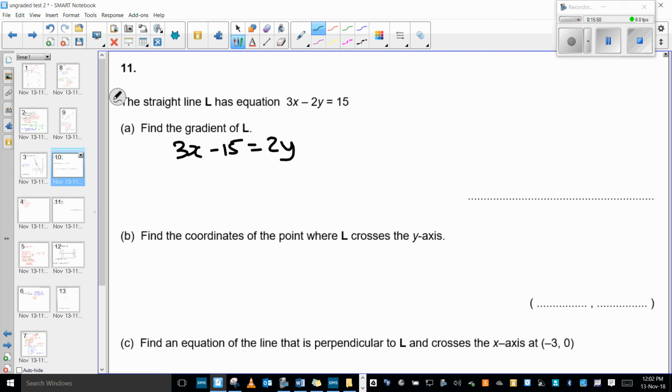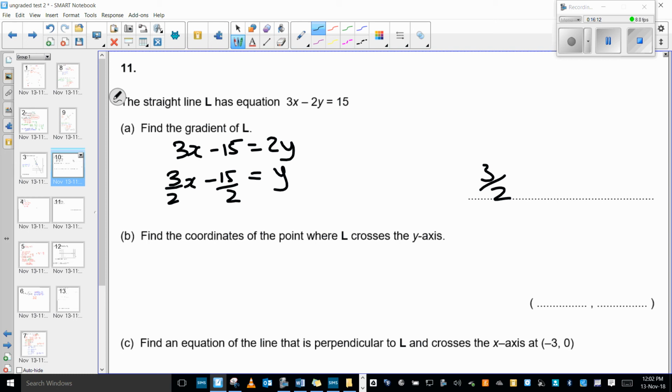If I then try and find y on its own, I'm going to divide both of those numbers separately by 2, rather than dividing the whole thing by 2. And I just need to focus on the value in front of the x.